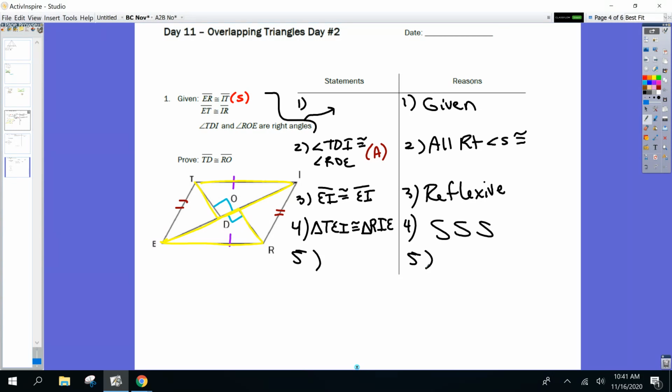Everyone, look at their angles and sides in those two big triangles. Is there anything maybe I could use in the triangles I'm trying to get congruent? Anybody see a pair of angles or a pair of sides that are in the triangles I just proved congruent and the ones I'm trying to prove? Do you guys see any angles or sides that are contained in both sets of triangles?